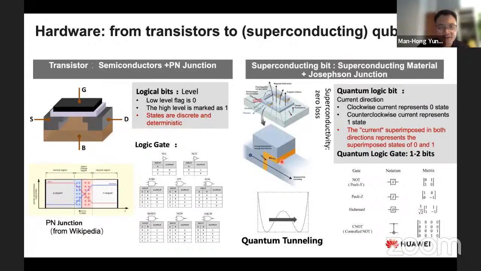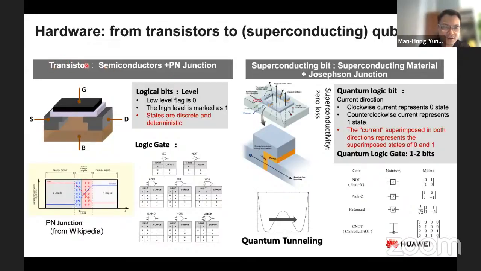I think it will be interesting to compare classical bits and quantum bits. Actually, the classical bit is not that purely classical. It's also quantum mechanical in the physical layer, but in the logical layer, we see it as a classical bit.